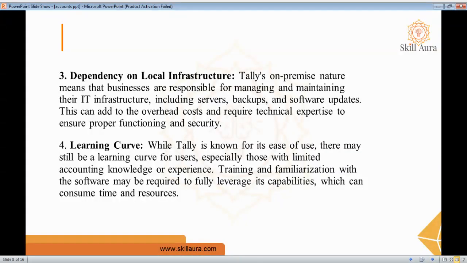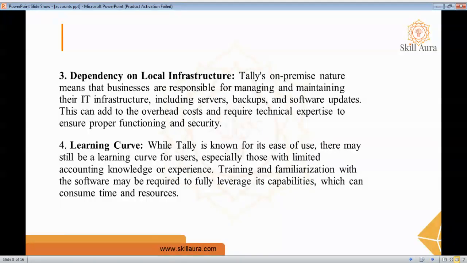Tally's on-premises nature means that businesses are responsible for managing and maintaining their IT infrastructure, which includes servers, backups, and software updates. This can add to the overhead cost and requires technical expertise to ensure proper functionality and security.